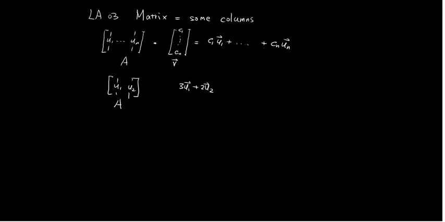For example, one group extracted U1 and U2 and did this operation. But probably I would just take a vector which is 3 and 2 and multiply by A, then you will get 3U1 and 2U2. It's not that one is better, but this is a different point of view.